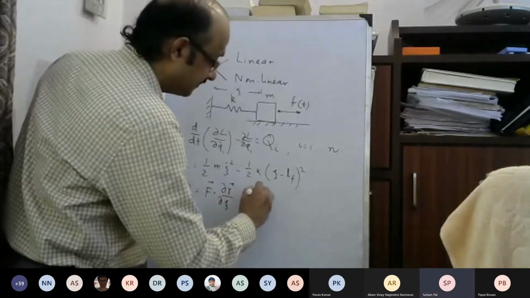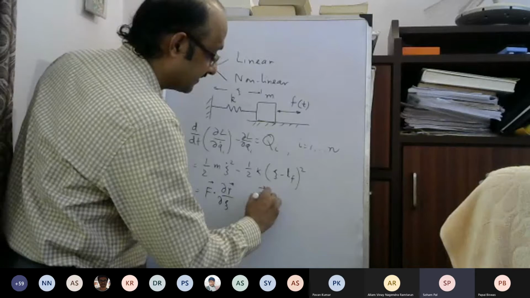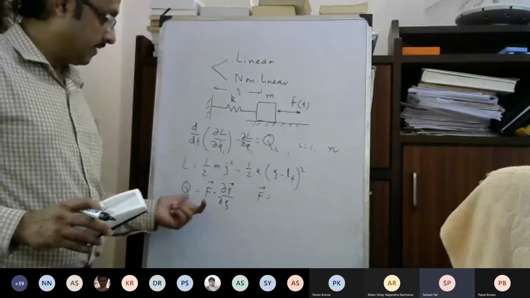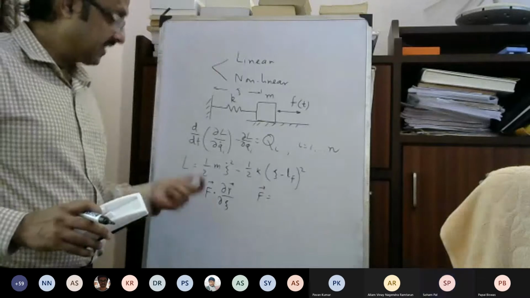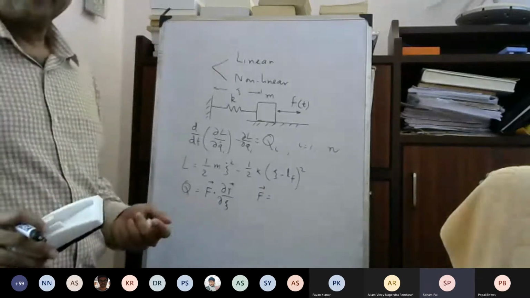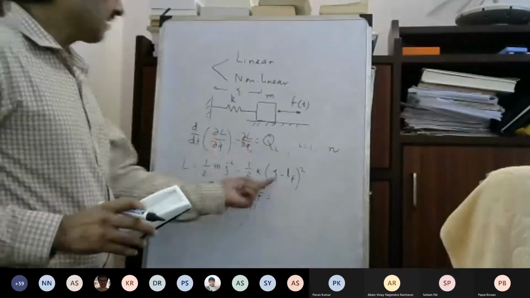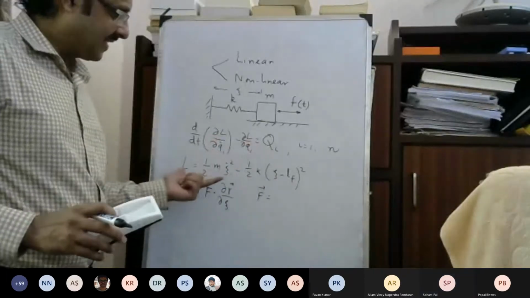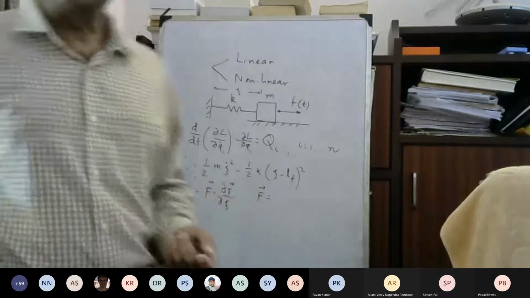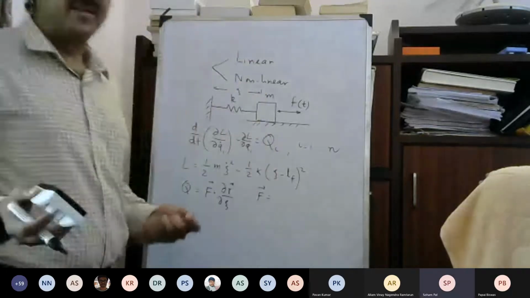Sir, one question. What is F? This is the non-conservative force, because I have already taken the conservative part inside this L. Otherwise, you could have taken the conservative force as well. It does not do any harm.